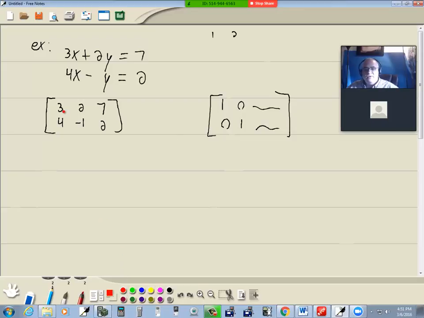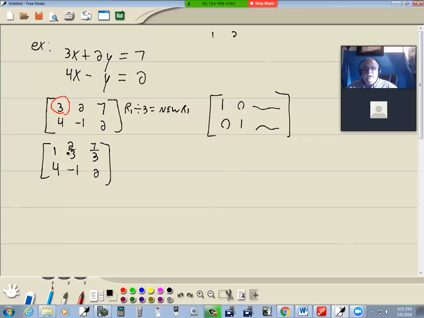So we focus first on this pivot number, and we see we need to divide that by 3 to get a 1 there. So take row 1 divided by 3 gives us our new row 1. So 3 divided by 3 is 1, 2 divided by 3 is 2/3, 7 divided by 3 is 7/3.